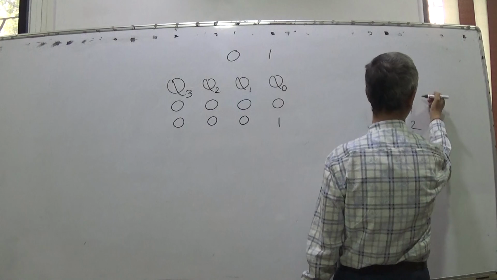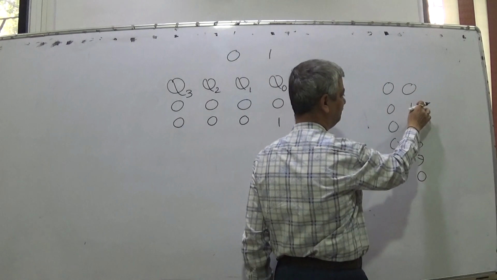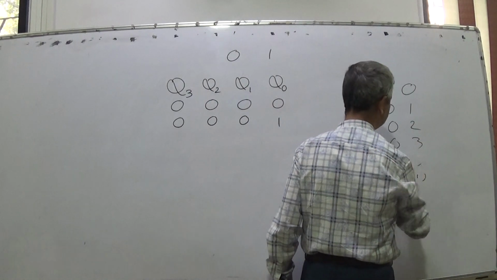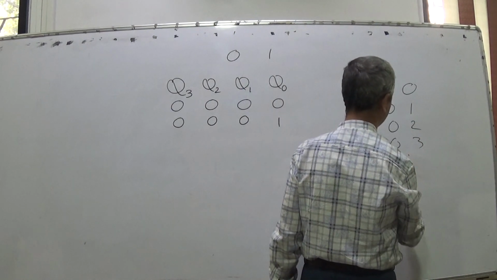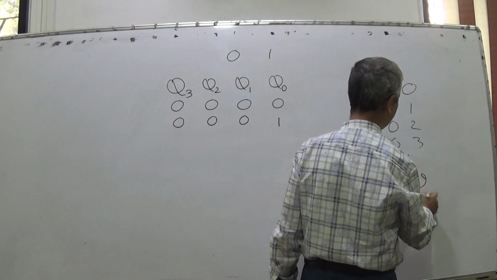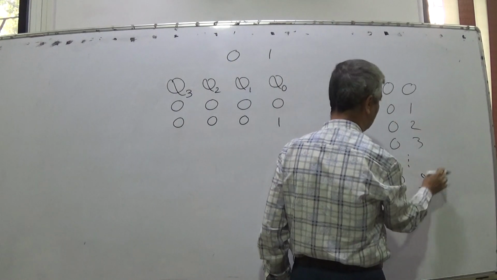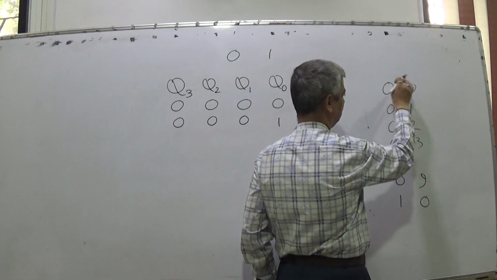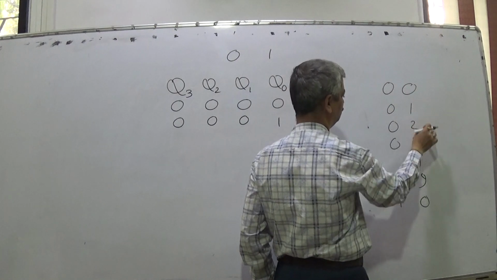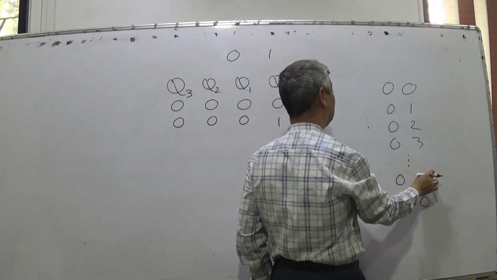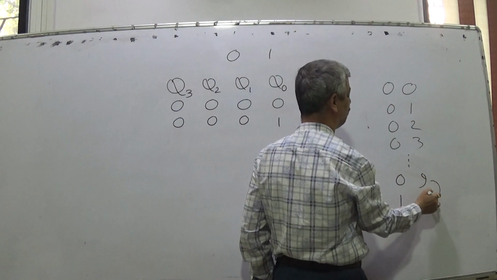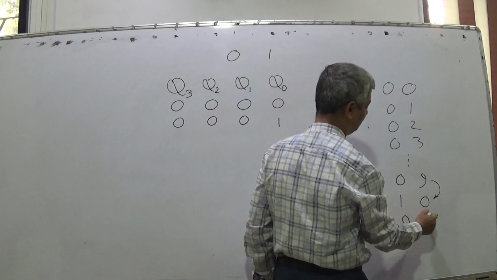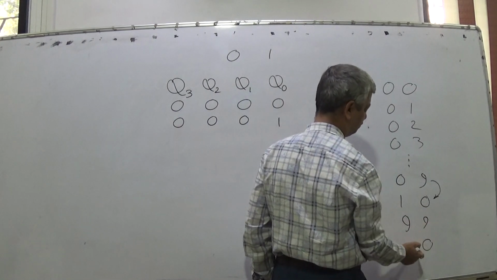Each time we advance the least significant digit to the next combination. In the decimal system, there are 10 combinations, 0 to 9. The least significant digit goes 1, 2, 3 up to 9, and when it comes back from 9 to 0, that is overflow, and the next digit is made 1. Similarly it will come to 99, and after 99 it becomes 0 and this also becomes 0.